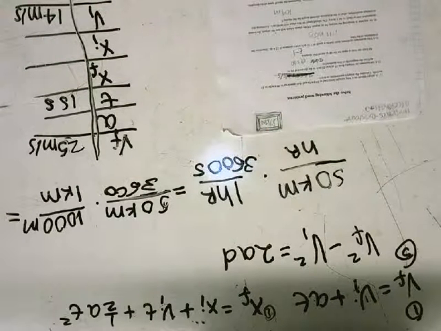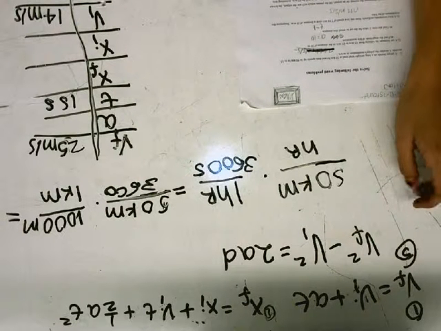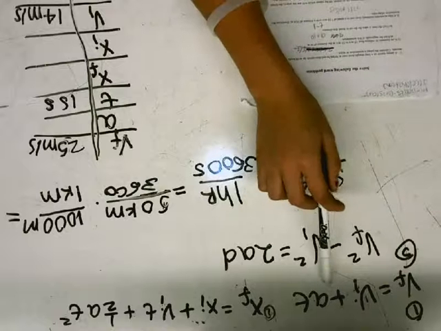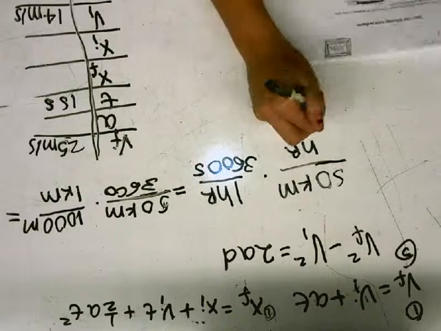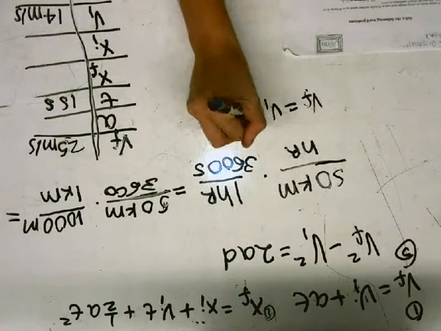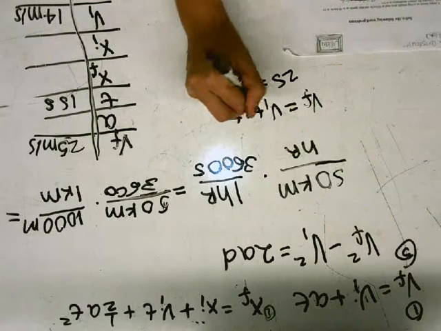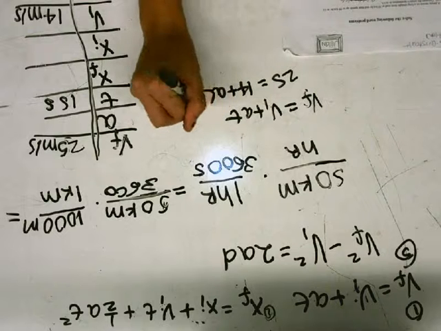VF equals VI plus AT, which is 25 equals 14 plus A times 15. Okay, so this will be 9 equals 15A, A equals 9 over 15. Cool. Oh wait, meters per second.